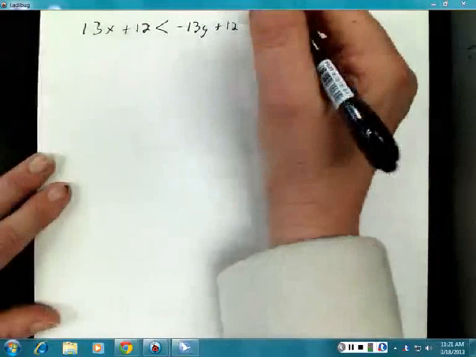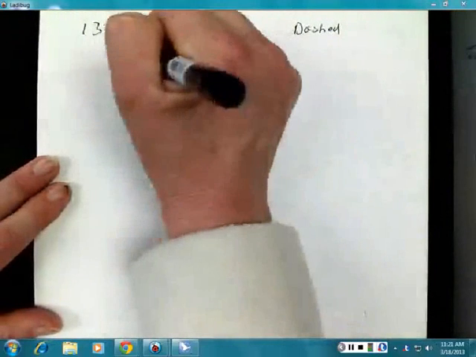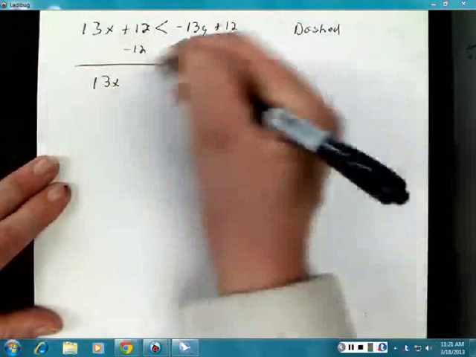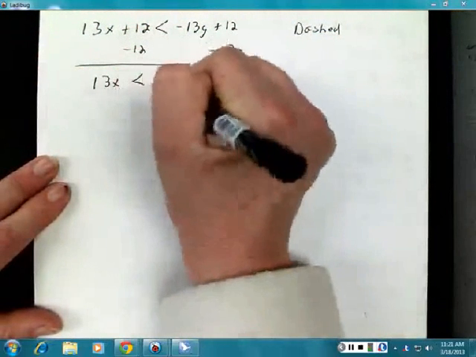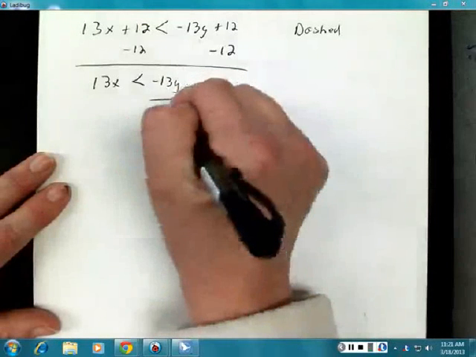Okay. Solve it for y. Even if it's on that side. I'm going to subtract 12, and the 12 is gone. And then what am I going to do?